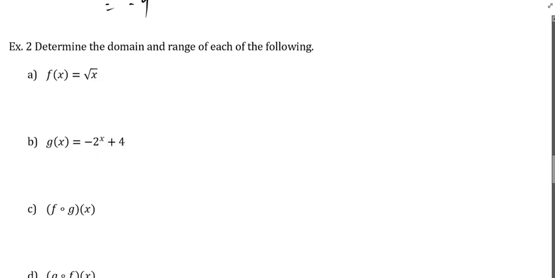Okay, example 2. Here's where it starts to get interesting. Determine the domain and range of each of the following.